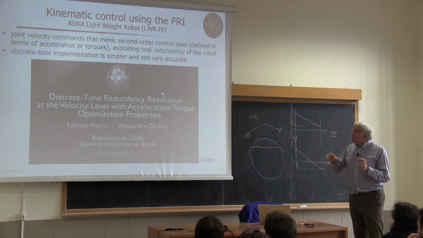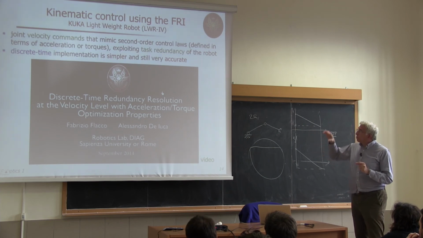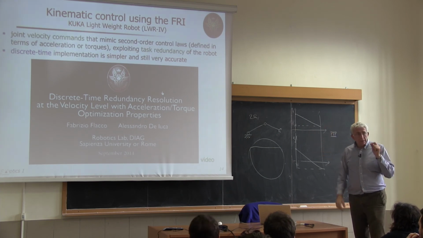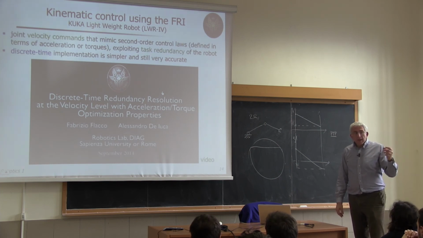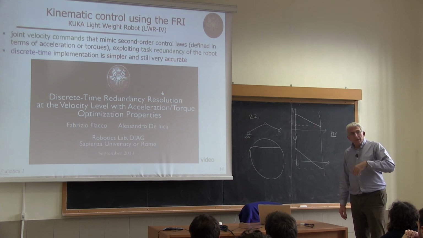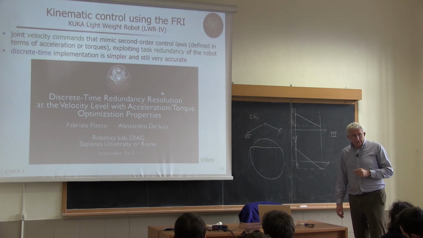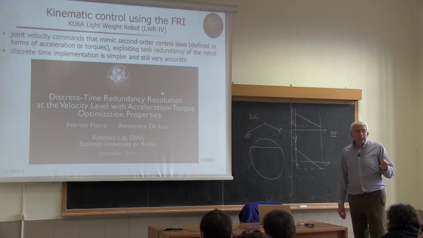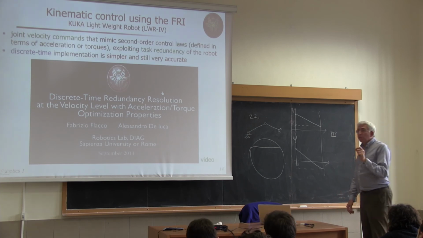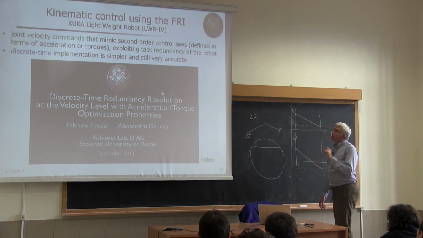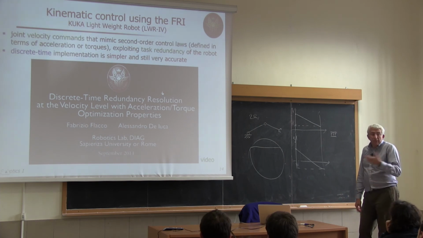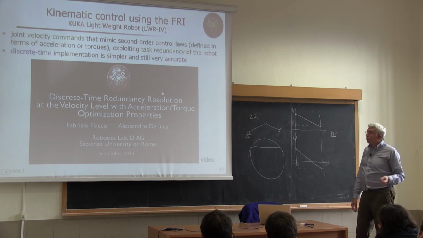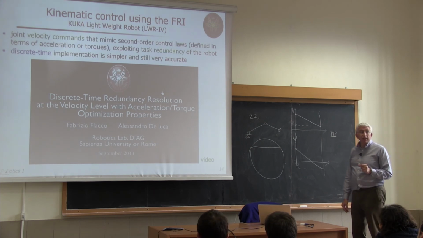joints. In particular, in this video, we were interested in generating commands at the velocity level, so q dots, as if they were coming from an acceleration or a torque command, which is one differential level higher, and implementing this in discrete time, so that it reproduces exactly the same behavior of the second order control law, but it's much simpler to implement, provided that you do things properly, and still has the same accuracy.